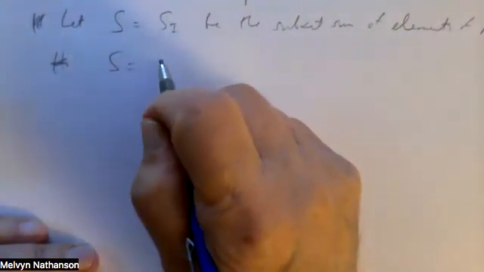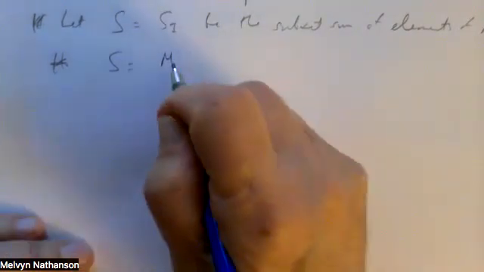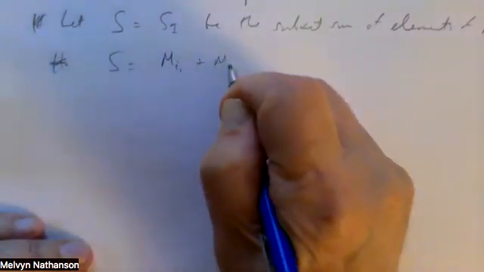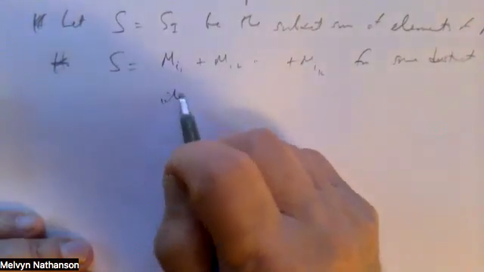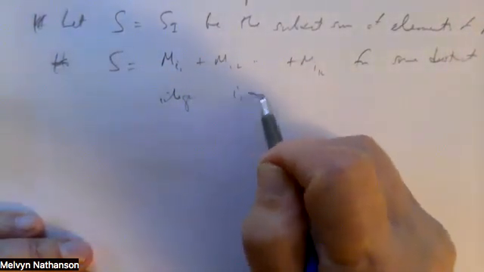So S is equal to M sub i1, M sub i2, and so forth, up to M sub i sub k, for some distinct integers i1 bigger than i2, bigger than i3, and so forth, bigger than i sub k.